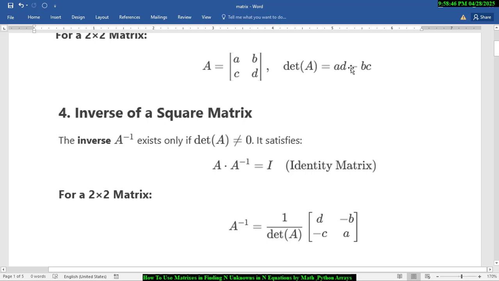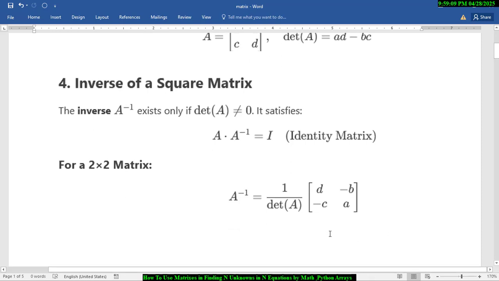And then calculate and divide that matrix with this determinant A. This transpose is your reverse. D will be here and A will be here. So reverse the first diagonal, and then inverse the sign of the second diagonal. So this was two positives, this will be two negatives.